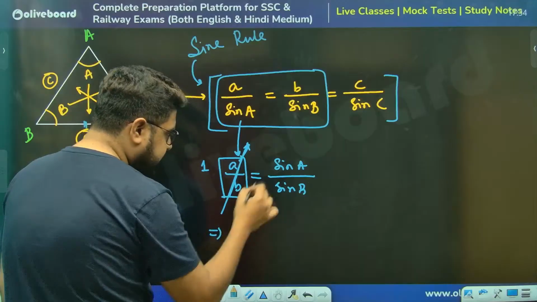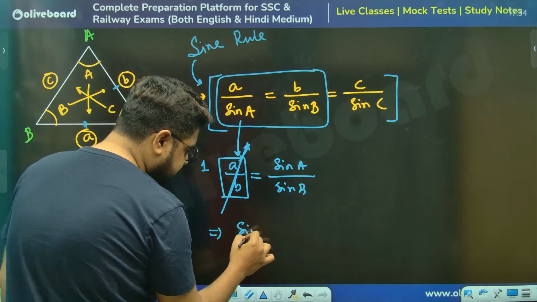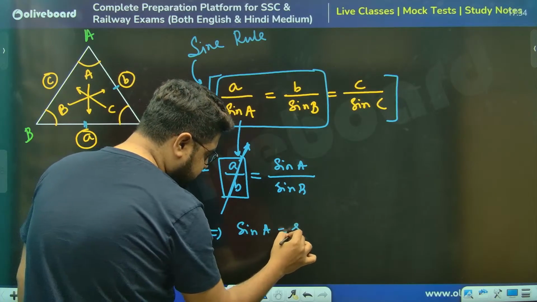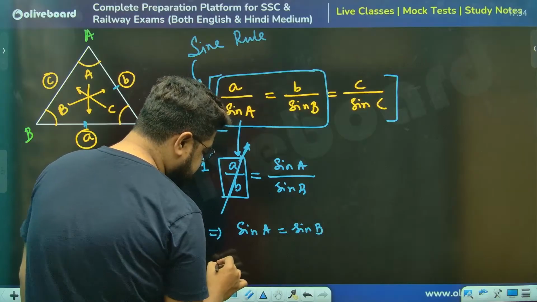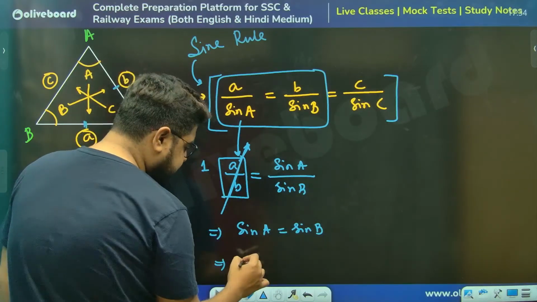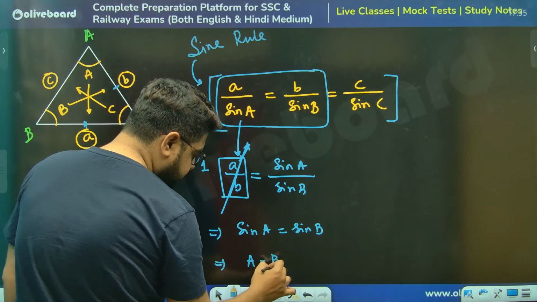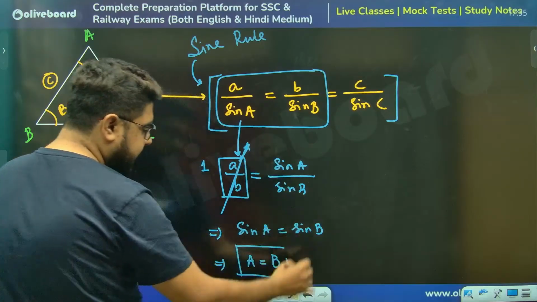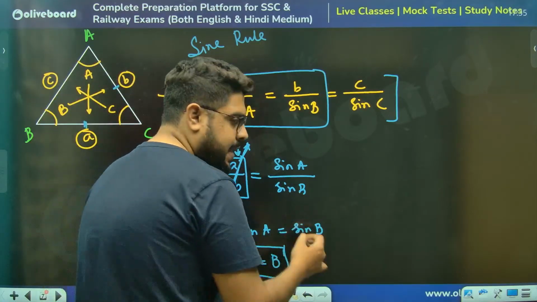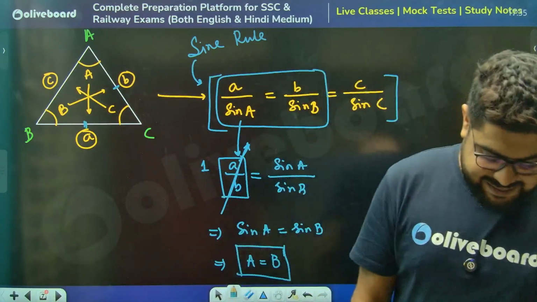That means sine A by sine B is 1, so sine A is equal to sine B, and both being acute angles, A is equal to B.